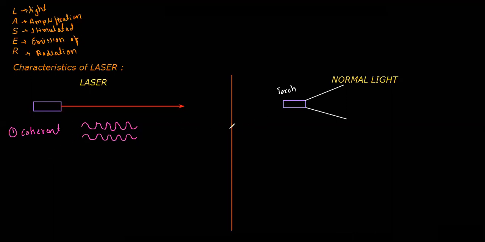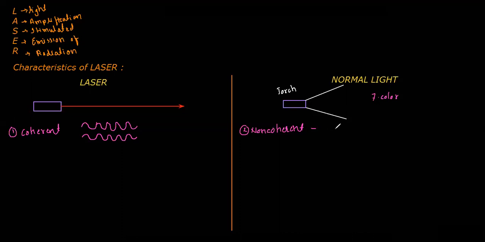But in terms of normal light, it is non-coherent. This is white light, normal light. Normal light consists of seven colors, and as we know, all seven colors have different wavelengths.